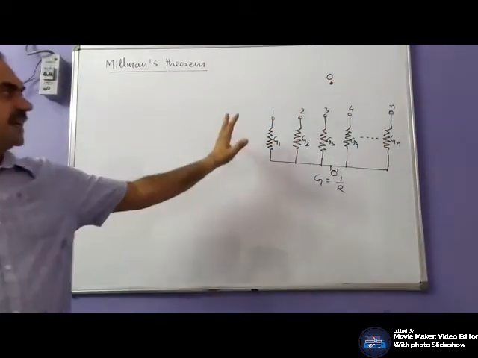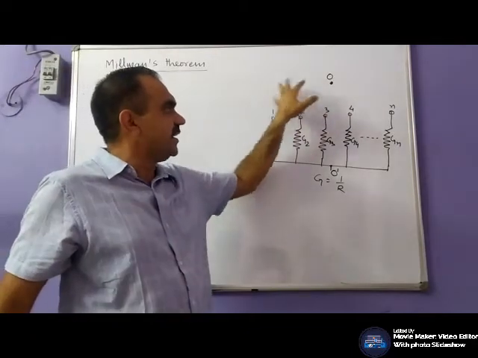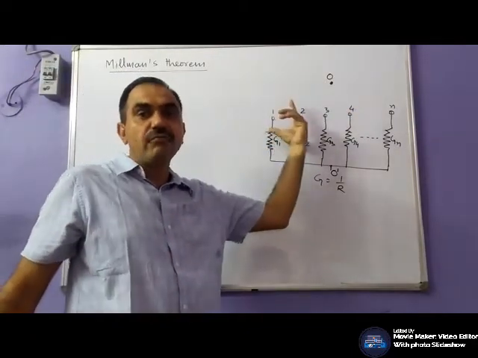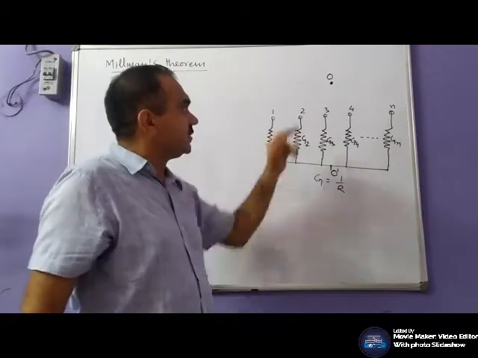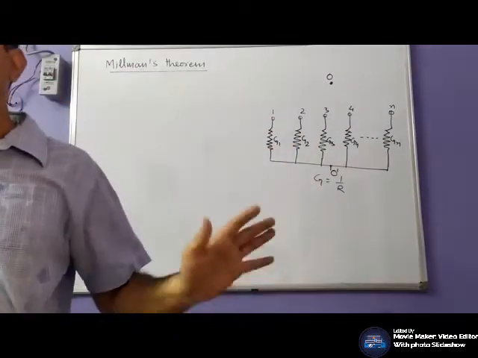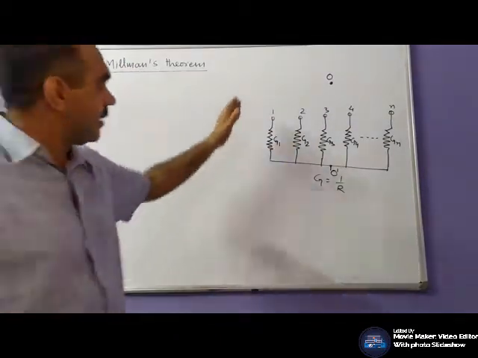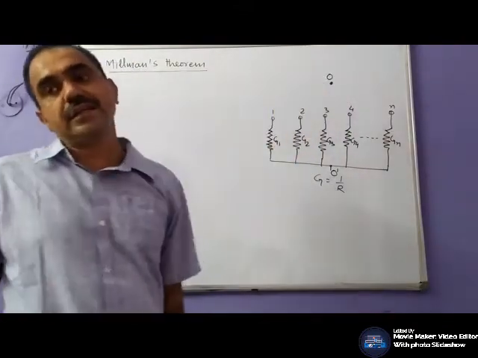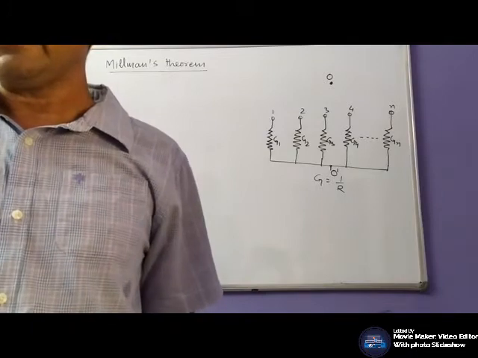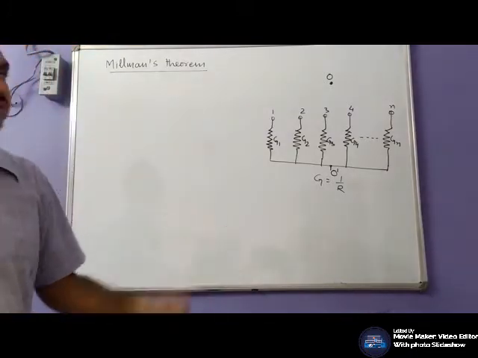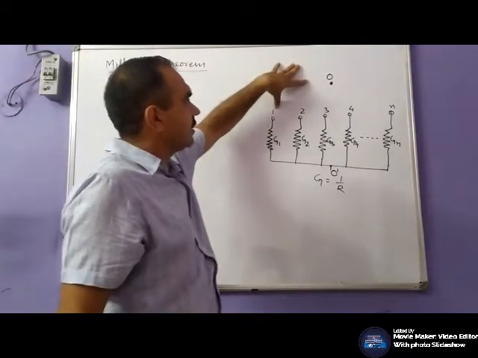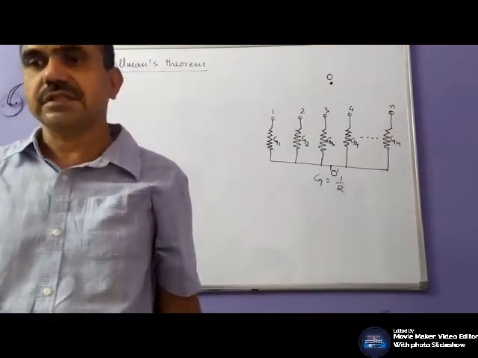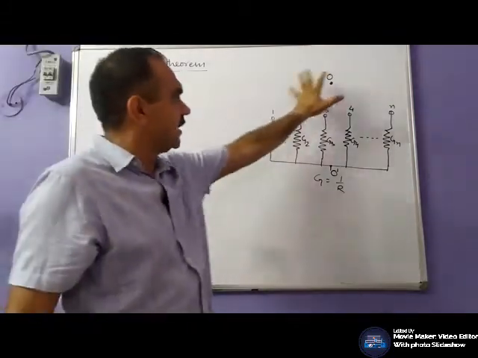And this point we have considered anywhere in the circuit, and how 1 and this point 0 are connected we have not defined. They may be connected through a certain source, or they may be connected directly having a 0 resistance, or there may be another value of resistance. So these are what we have considered.